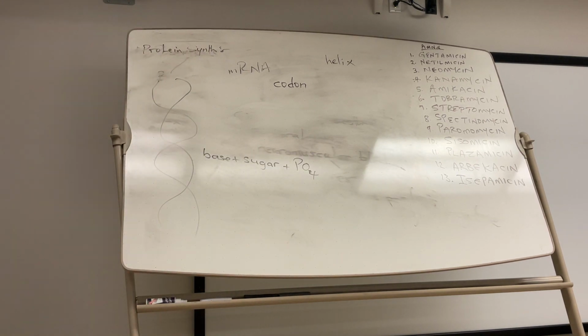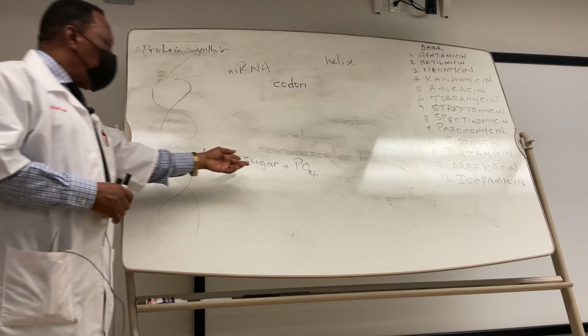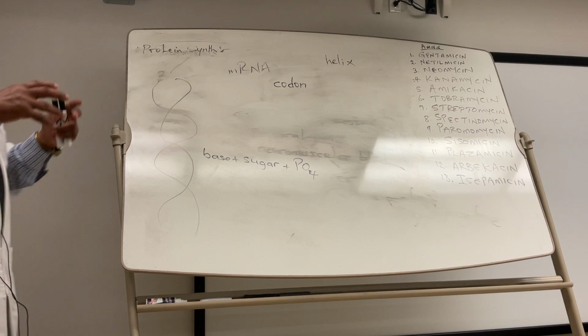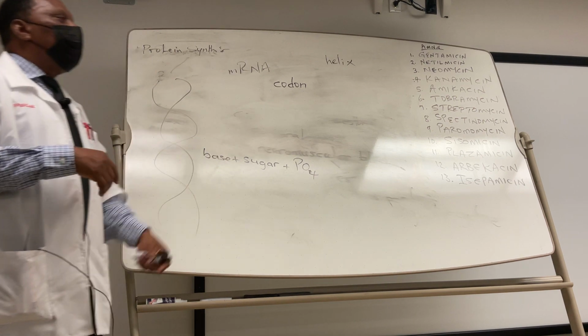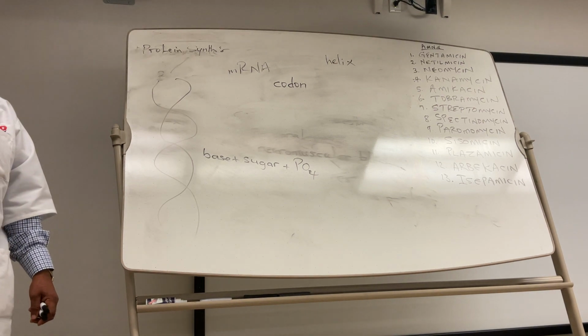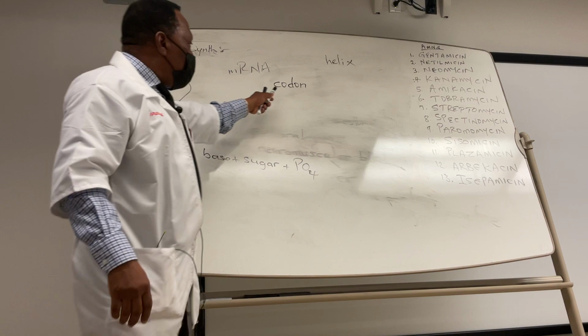Okay. That is nuclear base, plus your sugar, which in this case would be ribose, and then a phosphate. Okay, so that would be a nucleotide. So you have 3 nucleotides, because they come in 3. That's your codon.